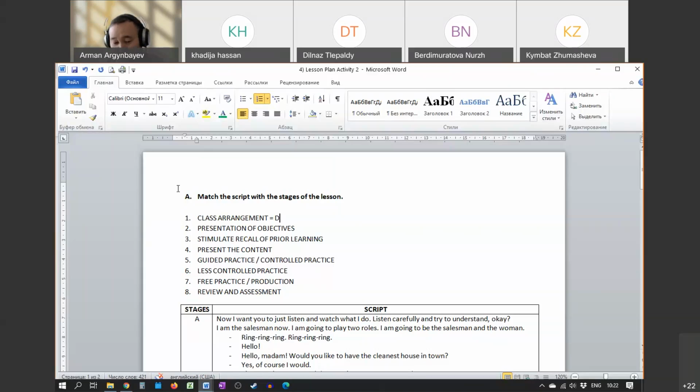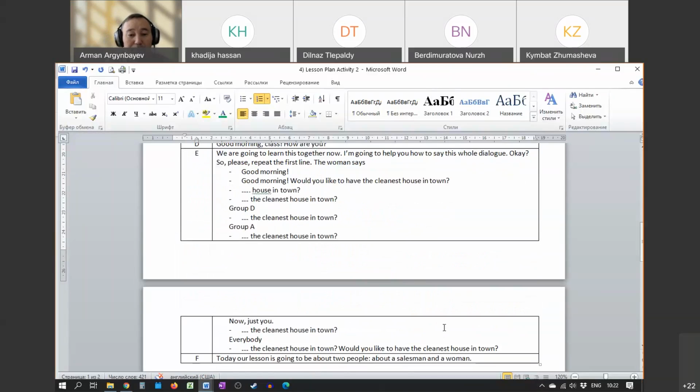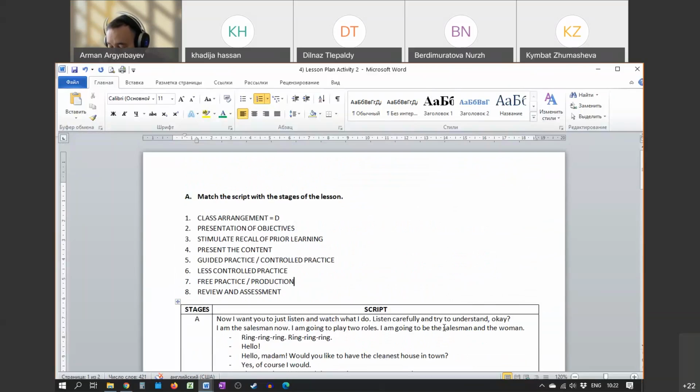I should write keys myself too. I didn't make them. And by the way, guys, some parts are missing. 2 stages are missing here.